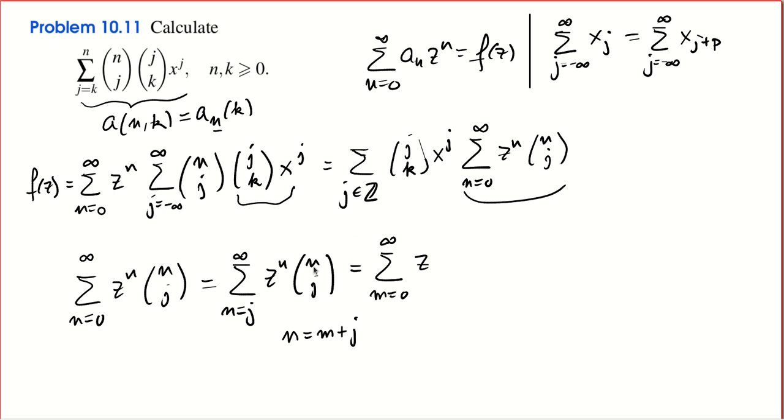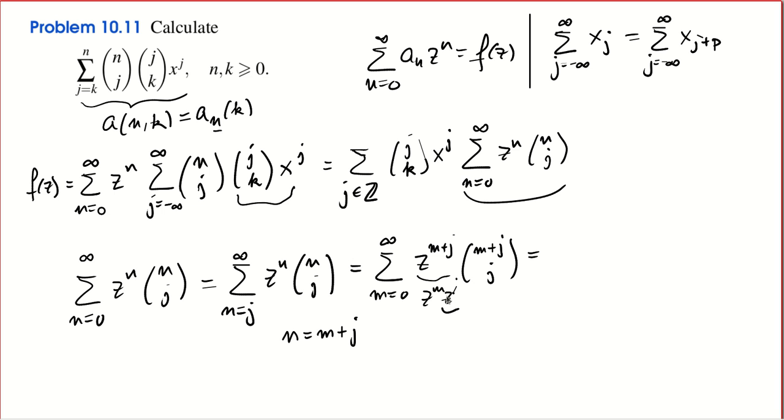And then every time that you see n here, you can replace it by m plus j. And the same here, m plus j and j here. And of course, this z to the j here. Well, this can be factored as z to the m, z to the j.